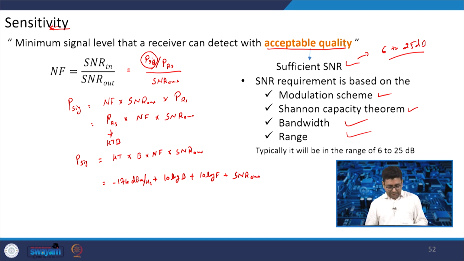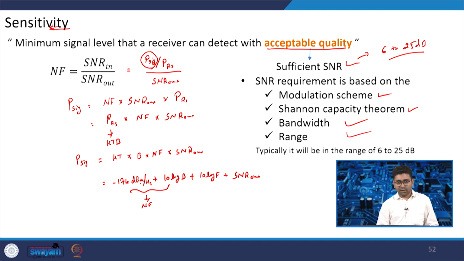If you define the bandwidth of the system, then this is considered as a noise floor, and if you have a unity bandwidth, this is minus 174 dBm per hertz, that is kT noise, thermal noise. We are discussing the sensitivity, and here sensitivity we have already defined, that is minus 174 dBm per hertz plus 10 log B.